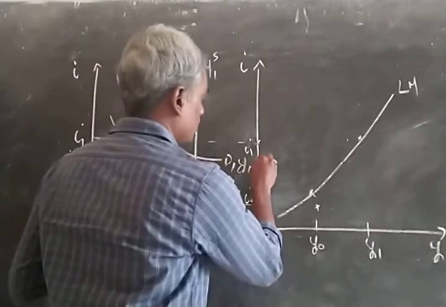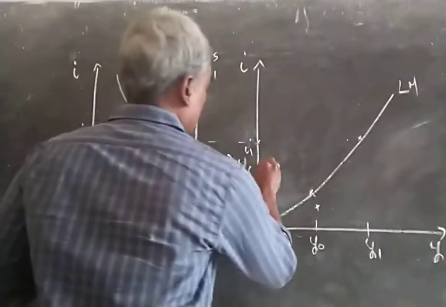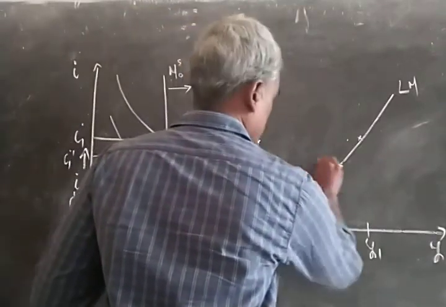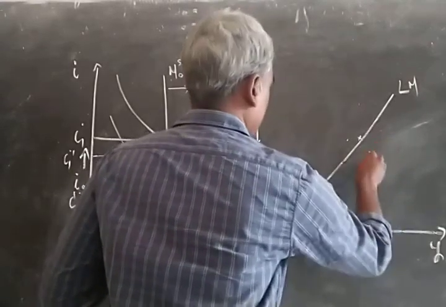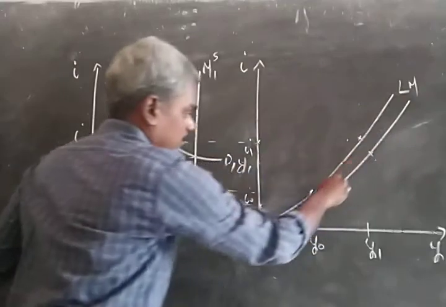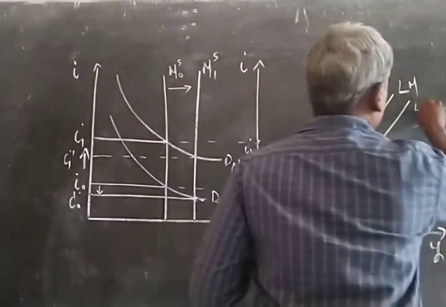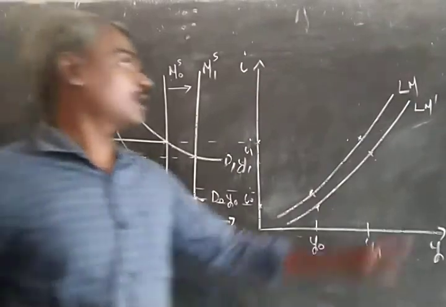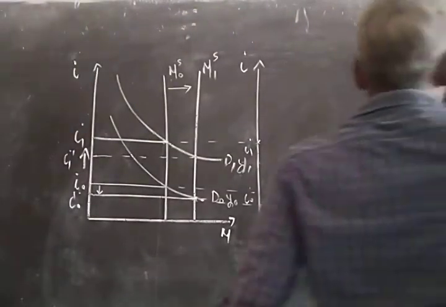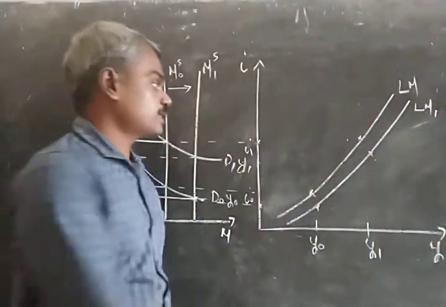This is the income level Y1, and we join these points together and we get a new LM curve, LM1.